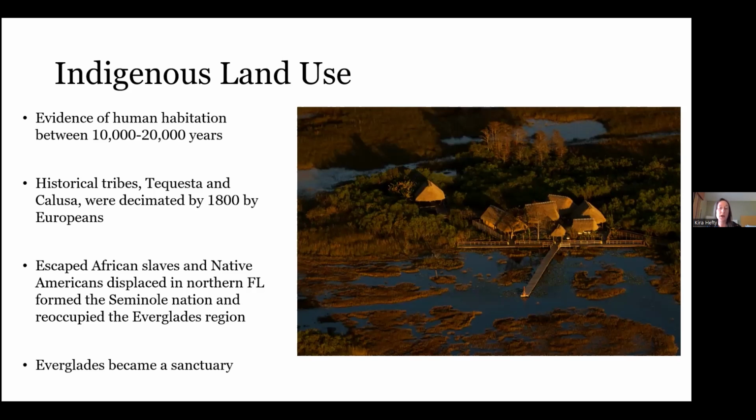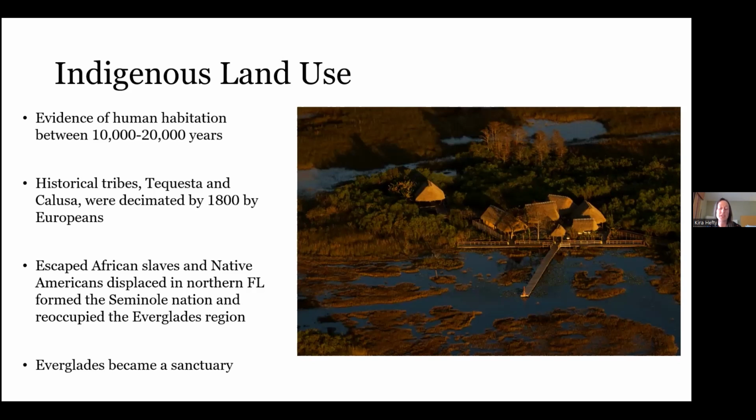However, other native communities moved into the Everglades after these communities were decimated, again during the Seminole Wars. Escaped African slaves, as well as other Native American communities that were previously extant farther north in Florida all the way to Tennessee, moved into the Everglades region and began to reoccupy it.